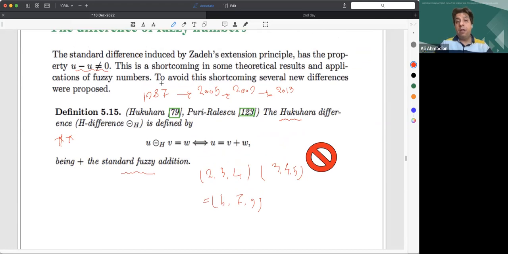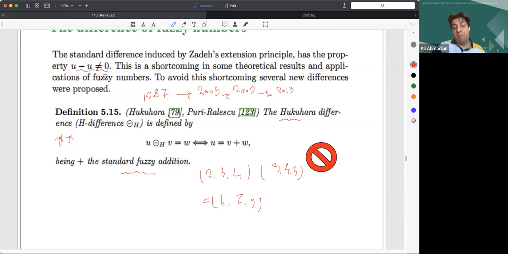If we follow Zadeh's extension principle and treat the difference of two fuzzy numbers as a function, fuzzifying this operation under the extension principle, then we find that u minus u, if u is a fuzzy number, is not equal to 0.